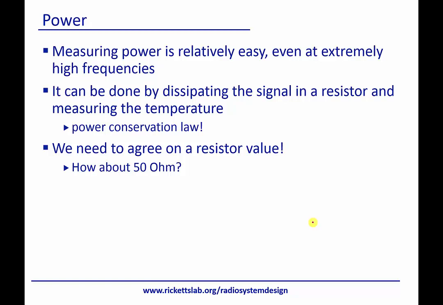The only thing we need to know is the value of the resistor. For convenience, we choose 50 ohms. For the case of power we could choose any resistance, but 50 is a number we choose because it's a useful impedance in the RF world.